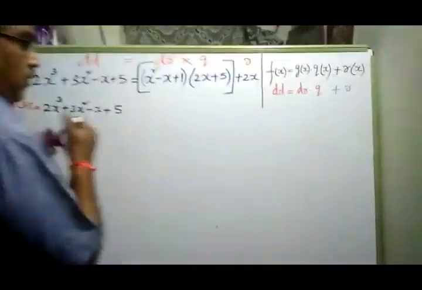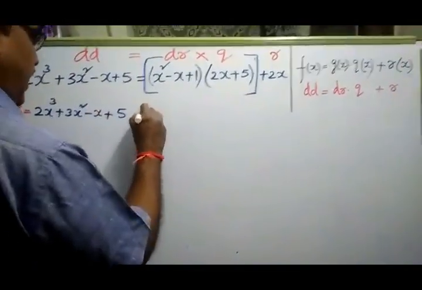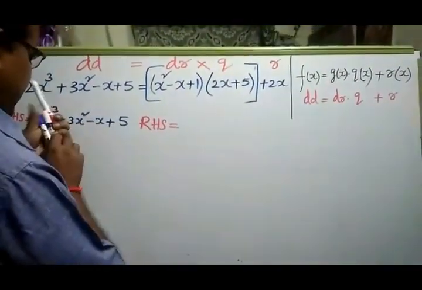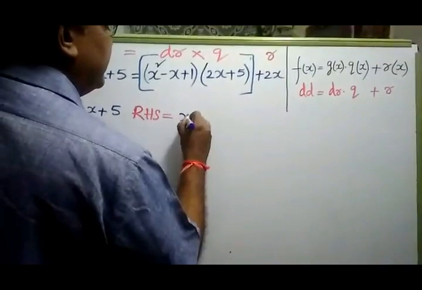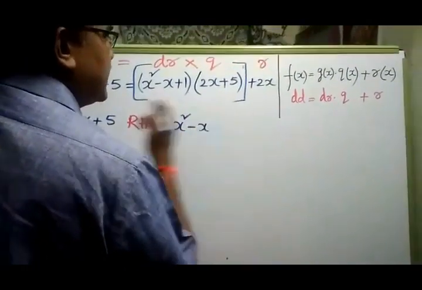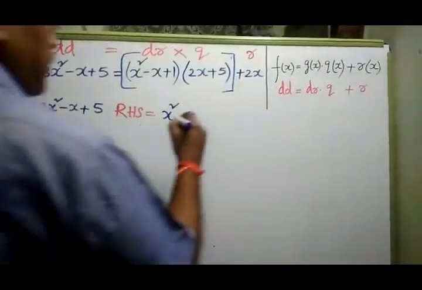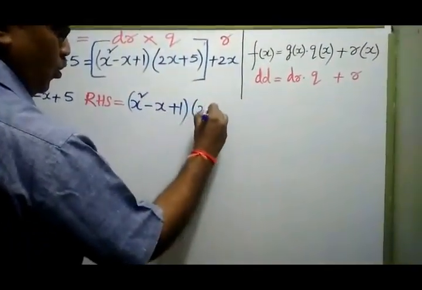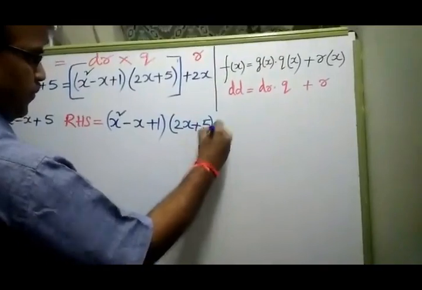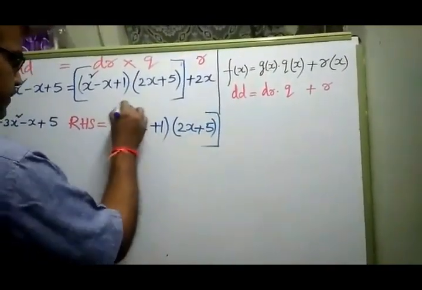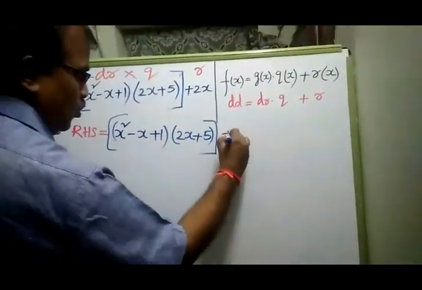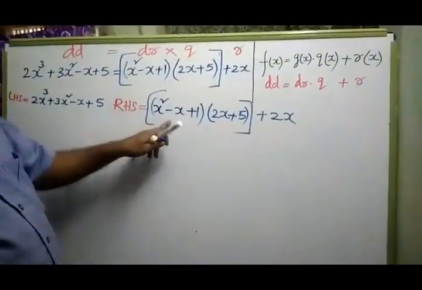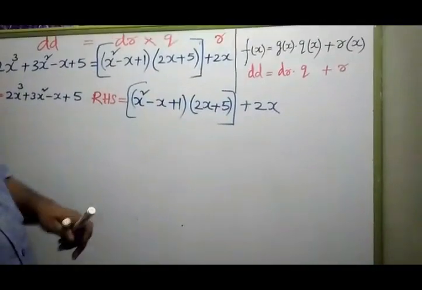RHS is equal to x square minus x plus 1 into 2x plus 5, multiplication, plus 2x. Dividend is equal to divisor into quotient plus remainder.